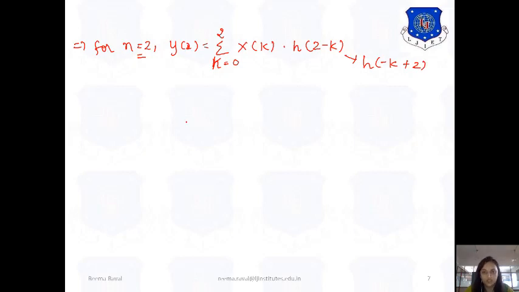You can do two things here: you can shift h of minus k by two points to the right, or you can shift h of minus k plus 1 by one discrete point. Okay, so now let's plot x of k and h of minus k plus 2.